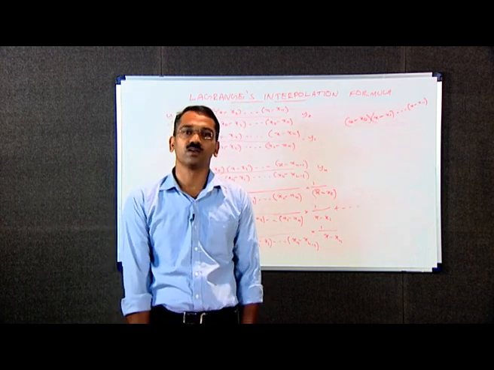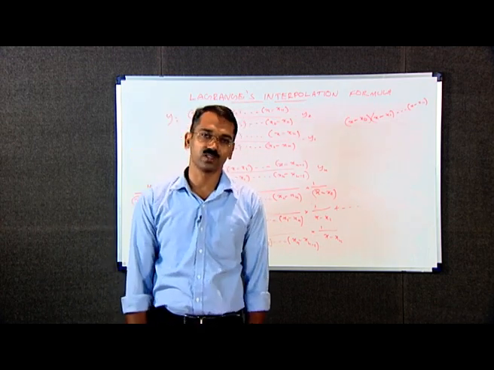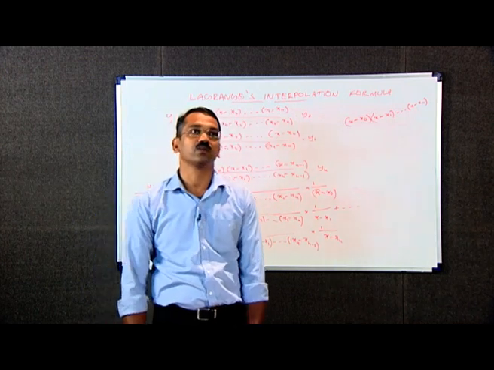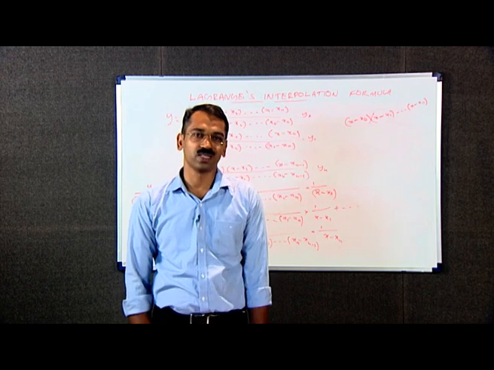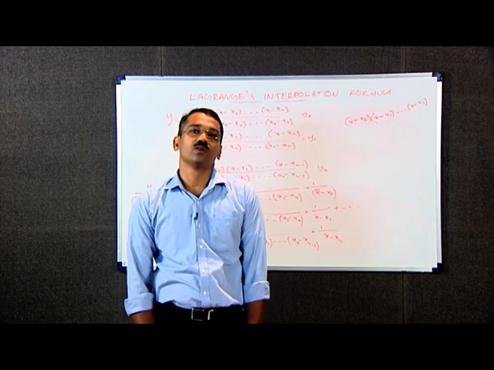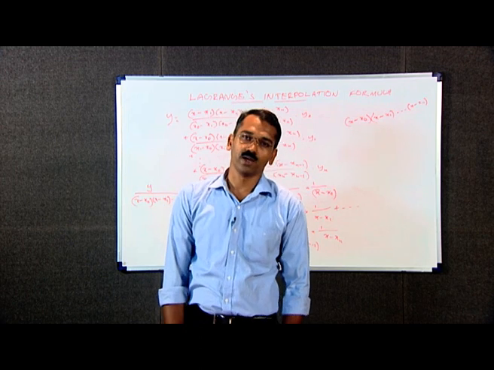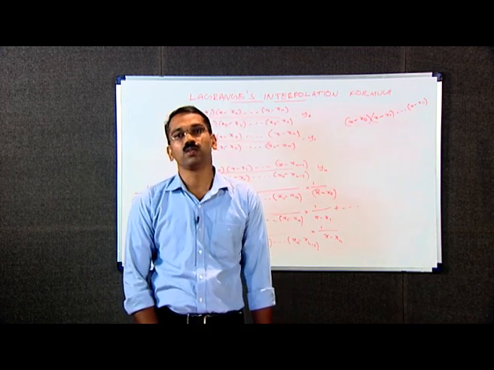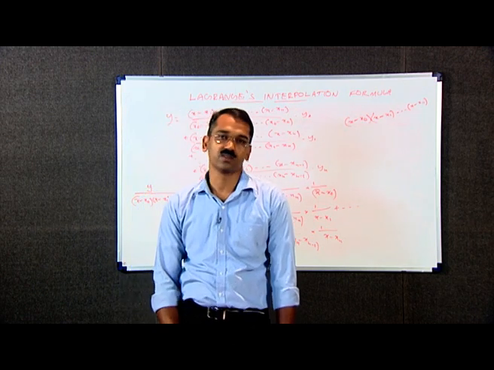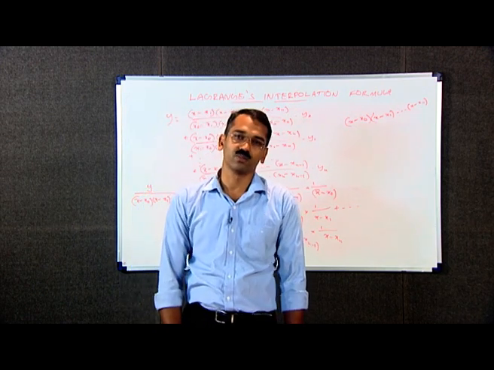In this session, we derived the Lagrange's interpolation formula and we observed two alternative forms of it. The Lagrange's interpolation formula is used to interpolate if the arguments are not equally spaced. This is a general interpolation formula.